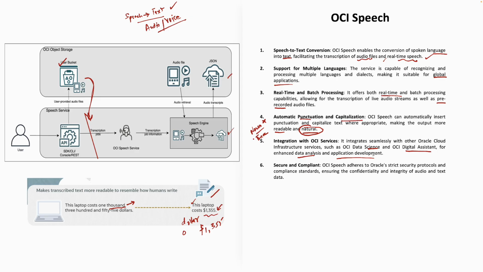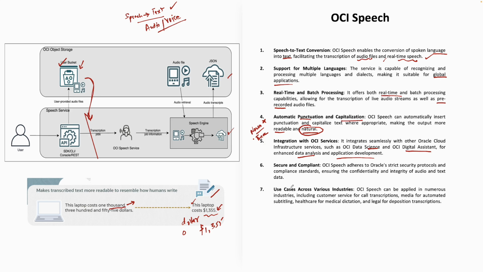It is secure and compliant because it adheres to Oracle's strict security protocols. So even if your text is stored inside a bucket or object storage, it is protected, and it also ensures confidentiality and integrity of your audio and text data. And anyway, we are on a secure platform like Oracle Cloud Infrastructure.